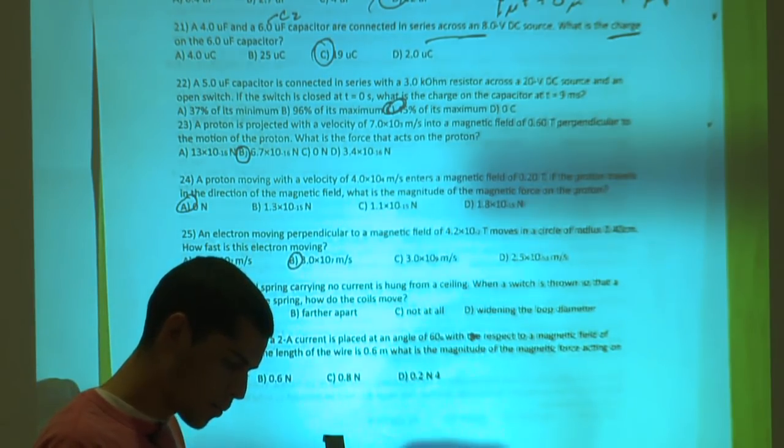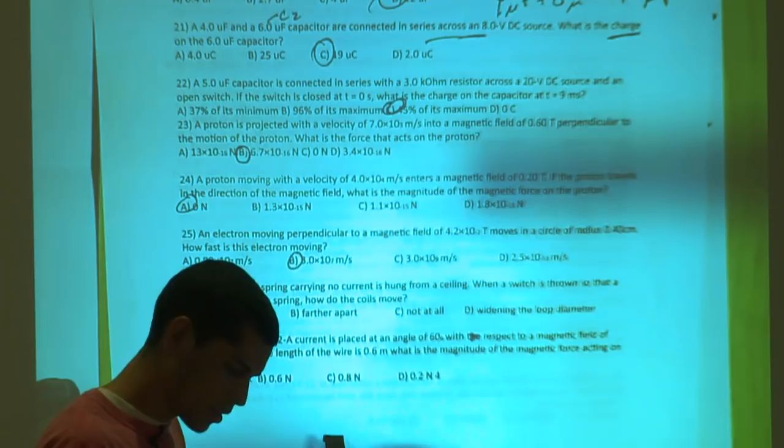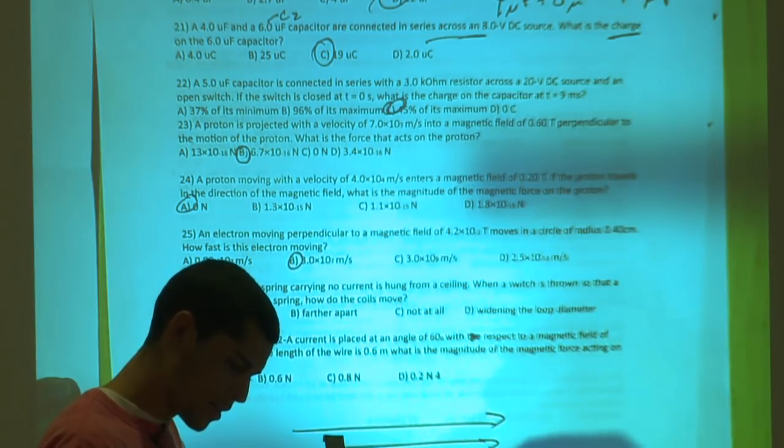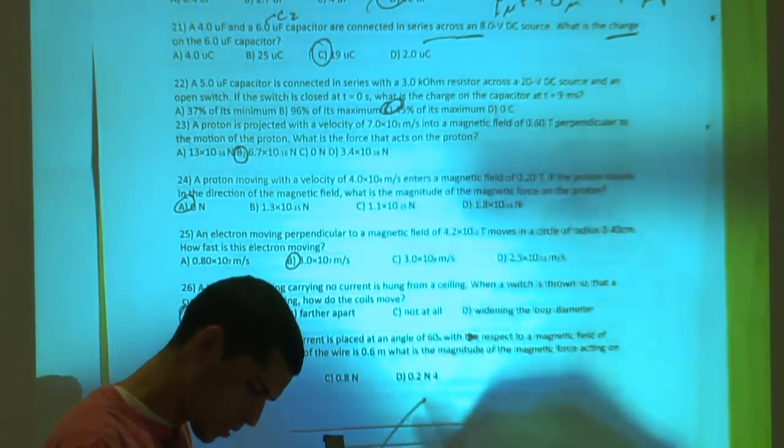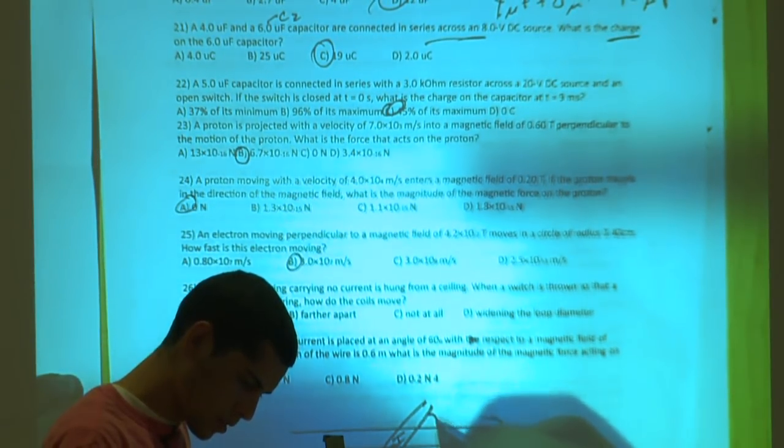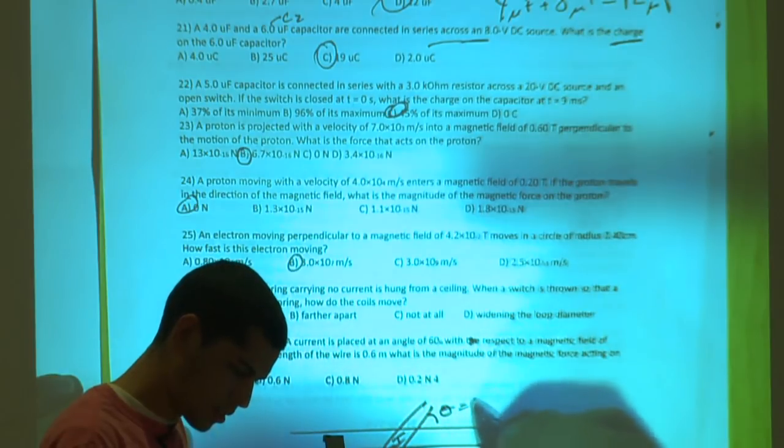So we have a current carrying wire within a magnetic field. So here's the magnetic field, and we have a current carrying wire with theta equals 60 degrees.